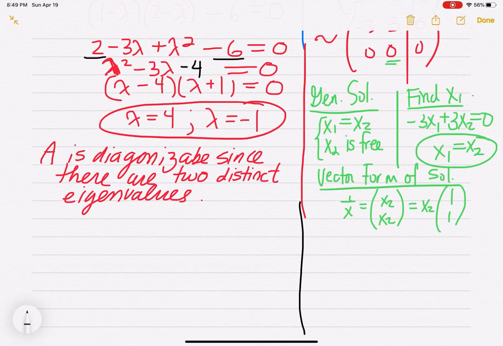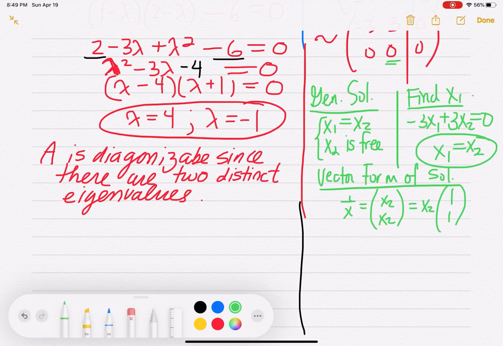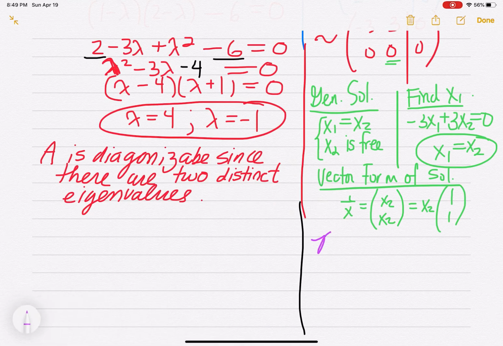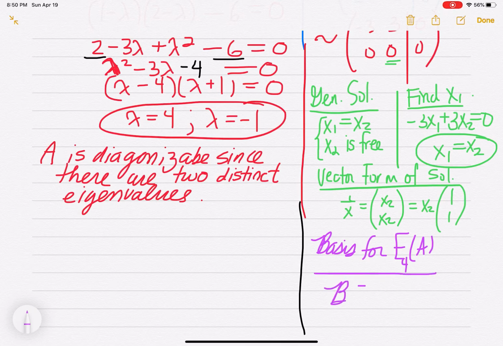That means a basis for the eigenspace of A associated with the eigenvalue of 4, I'm going to call it B, is going to be 1, 1.